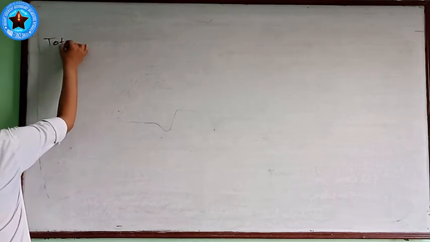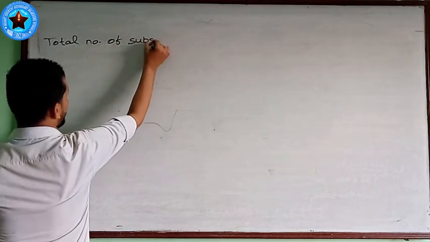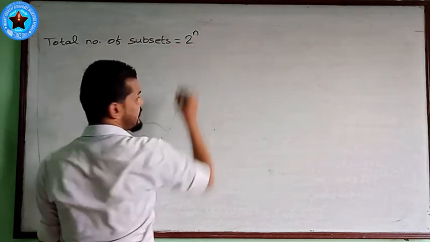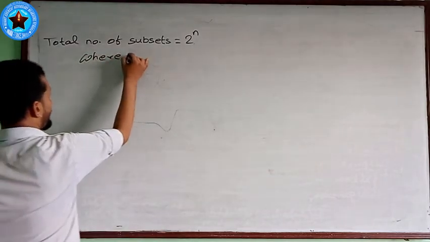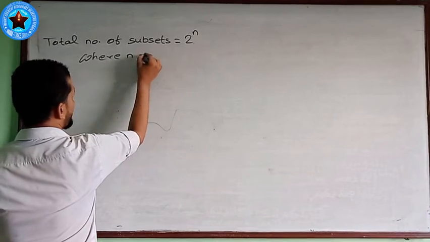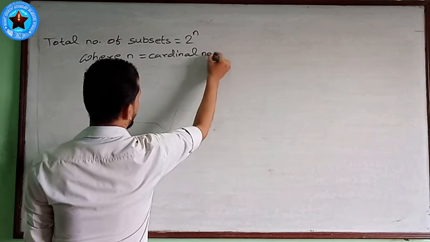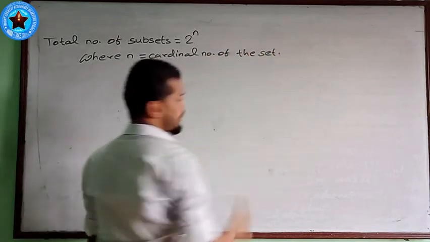That means the total number of subsets equals 2 to the power n, where n equals the cardinal number of the set.